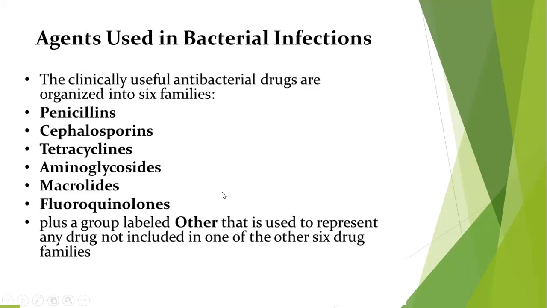Plus a group labeled other, راح تشوفها بالكتاب مكتوب عليه other, that is used to represent any drug not included in one of the other 6 drug families. يعني these 6 families are used as antibacterial drugs, and the others are called other because they do not belong to these 6 groups.